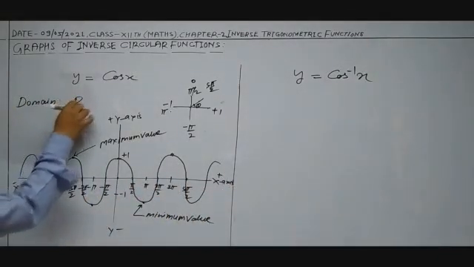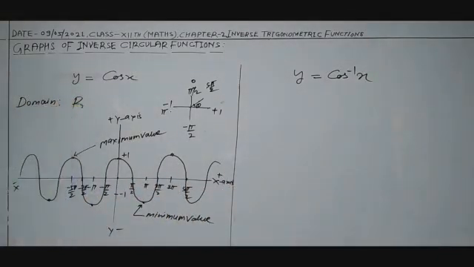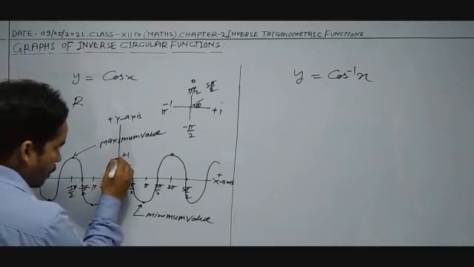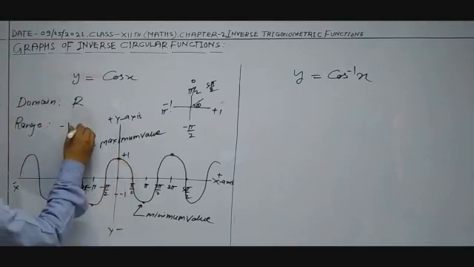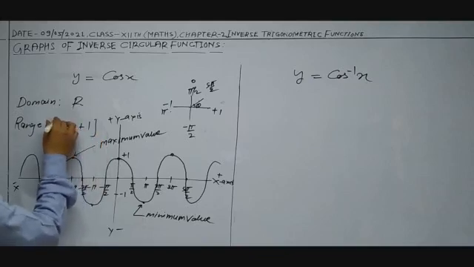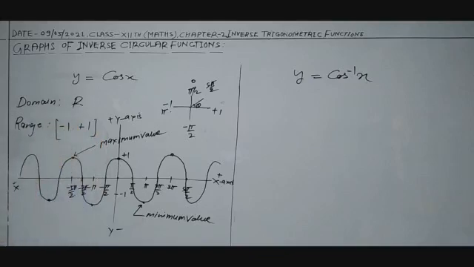We can say R, and the range for y is equal to cos x will be lying between plus 1 to minus 1. So minus 1 to plus 1 in closed interval. This is the range of cos x.